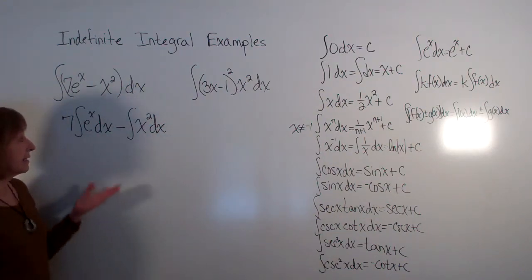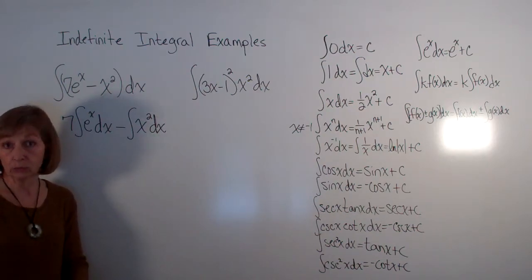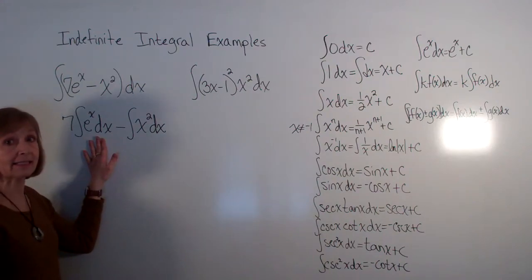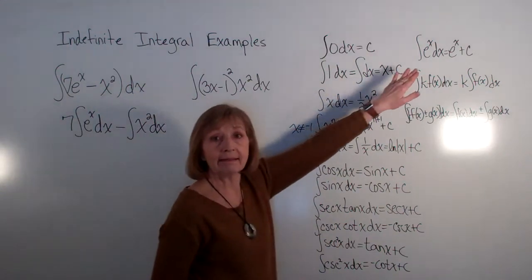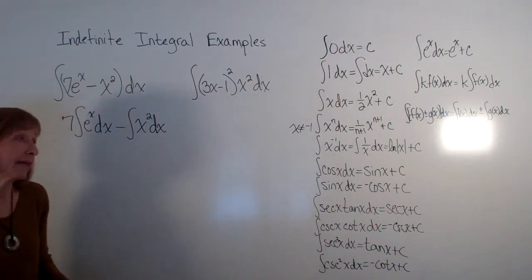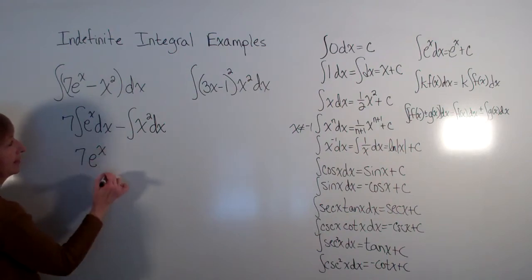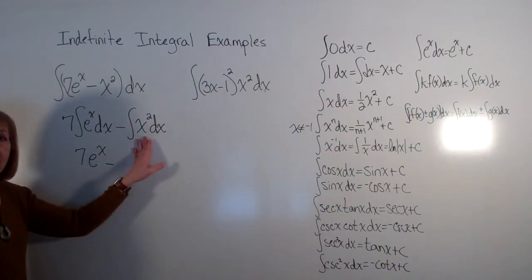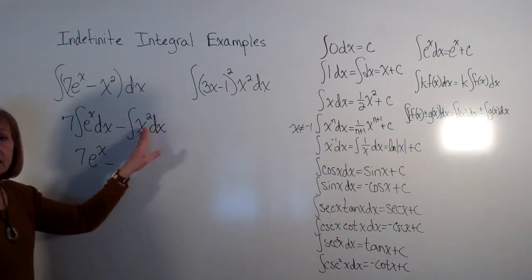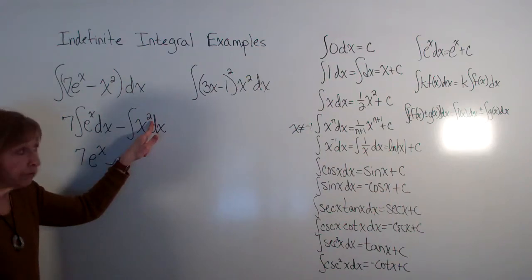Now when I look at this, I see if I have a basic indefinite integral rule for this case. Well, the integral of e to the x dx is e to the x plus c. And we'll do that plus the constant term at the very end. So this is 7 times e to the x minus, and this is the integral of x to the second dx, letter base to number power, and the number power is not -1.